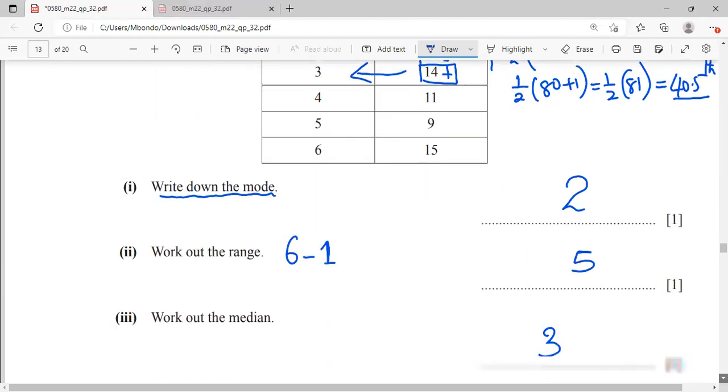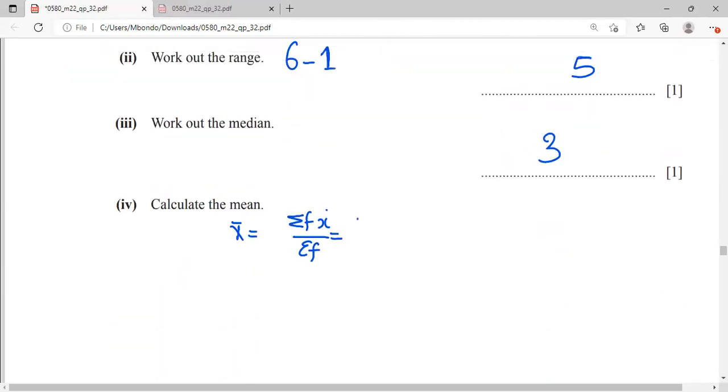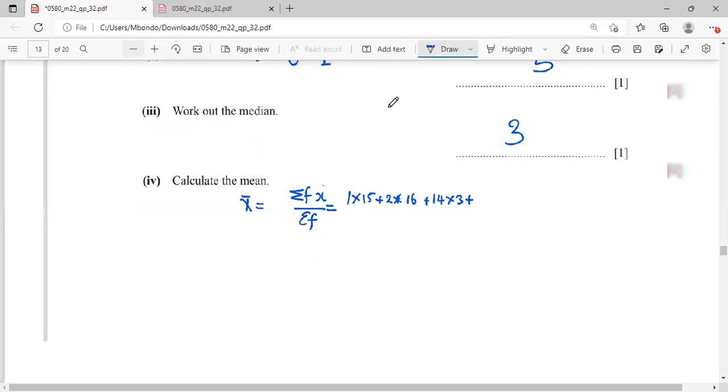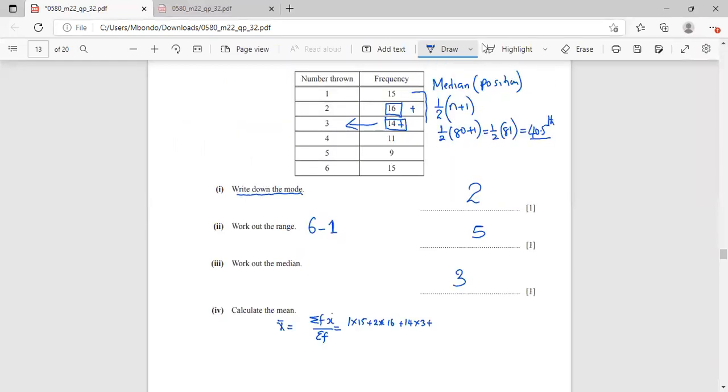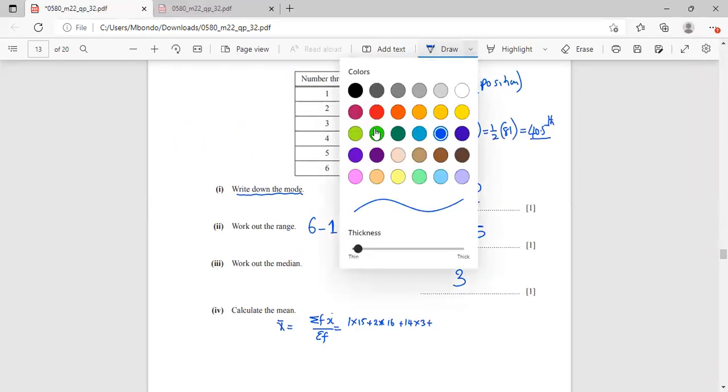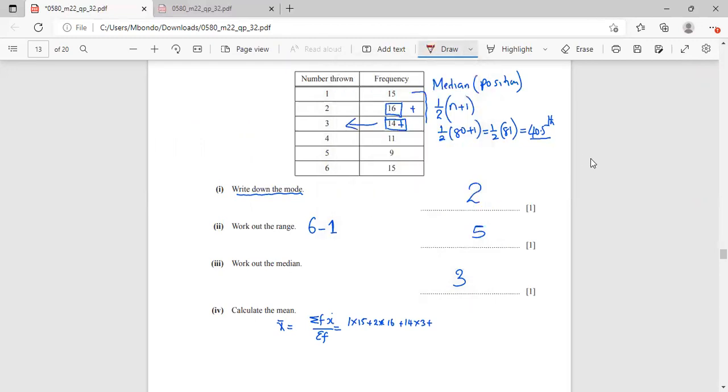So we have 1 multiplied by 15 plus 2 multiplied by 16 plus 14 multiplied by 3 plus, what do we have? Okay, let me just finish.